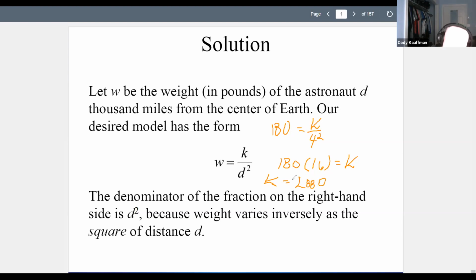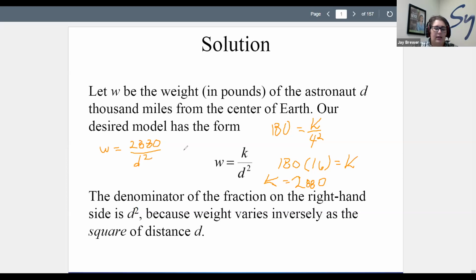Okay. And now if we rewrote this, we would have W equals 2,880 divided by D squared. And the question was, what happens when the astronaut is an additional 2,000 miles above the Earth?